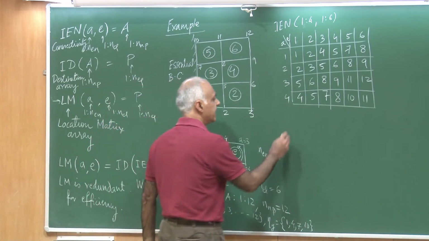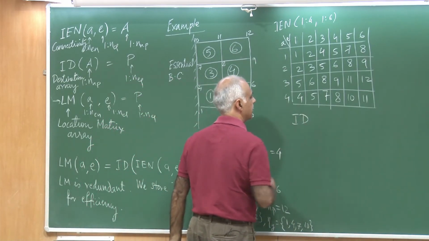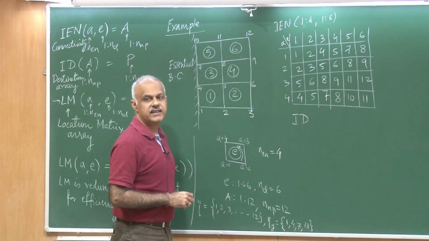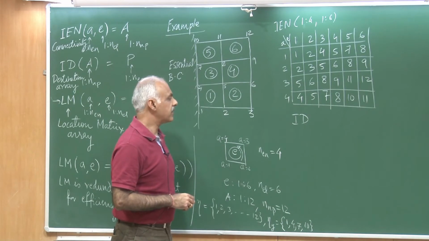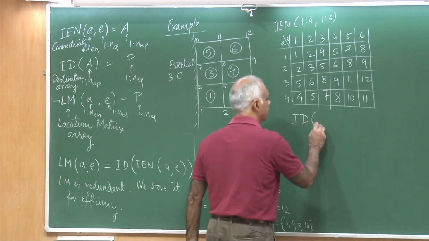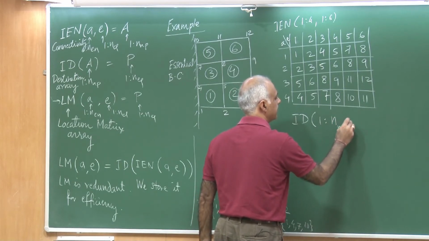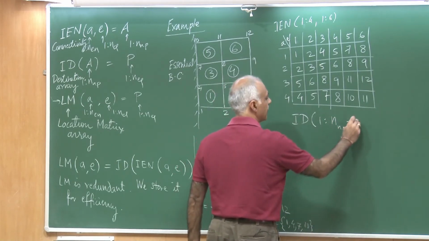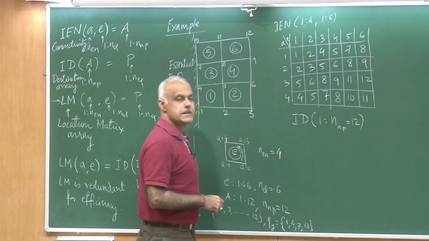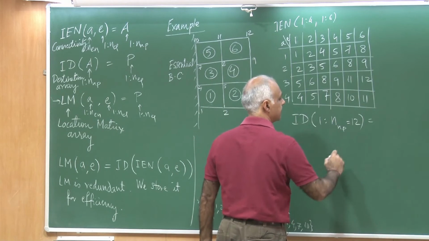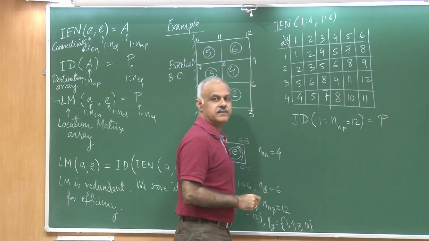The next is the ID array. The ID array should tell us what are the equation numbers for the node numbers. So, this goes from 1 through nnp, and nnp in this case is 12. And this should give me the equation number which is p.